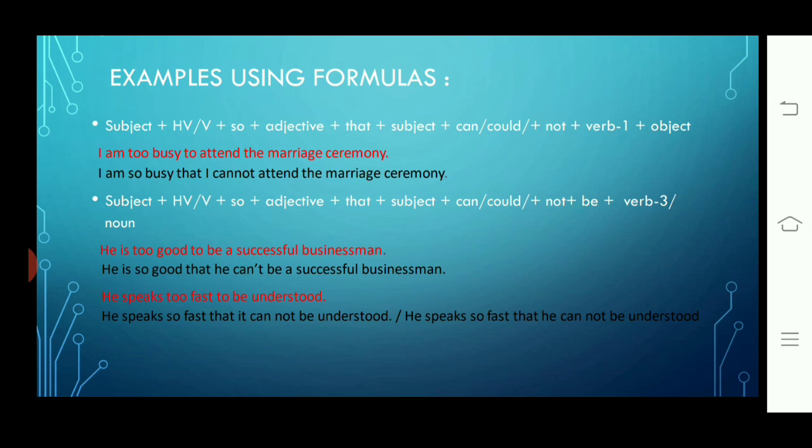Both the things you can use here. So I hope it is also understood, like when we have to use verb third form and when we have to use noun. So it depends completely on the given sentence. If in the sentence we have been given a noun, so we have to use noun using be. And if it is a verb, we have to use verb using be, third form.